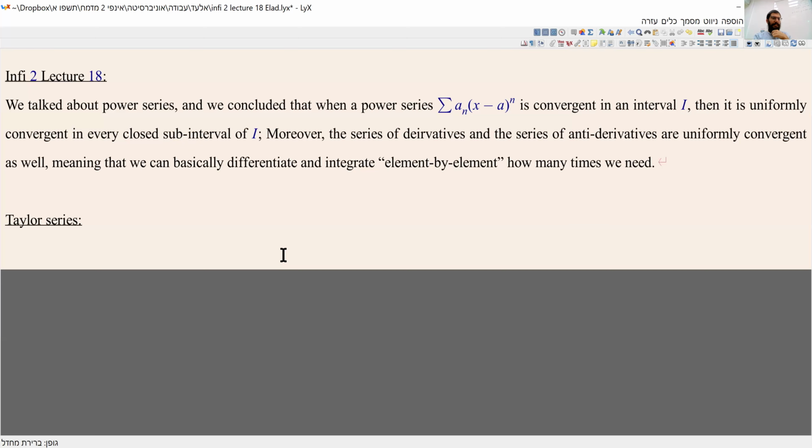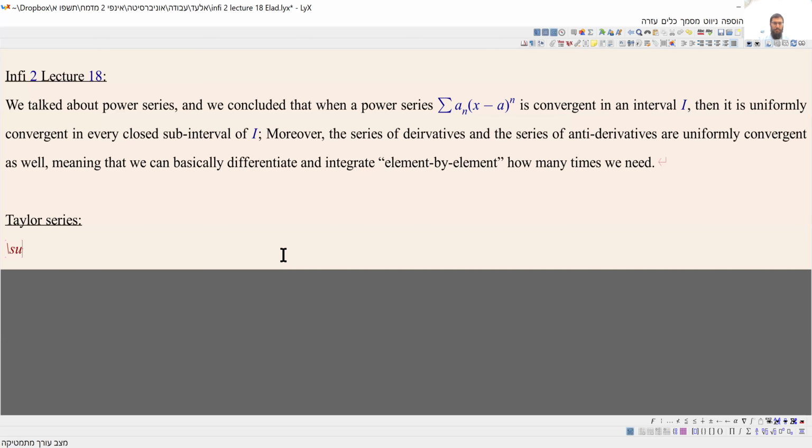Knowing that the sum of x^n is 1 over 1 minus x, we showed some examples. We differentiate element by element, multiply by x, and the bottom line is we can use this equation to calculate some sums. The direction of the equation is that we know the series equals the function.